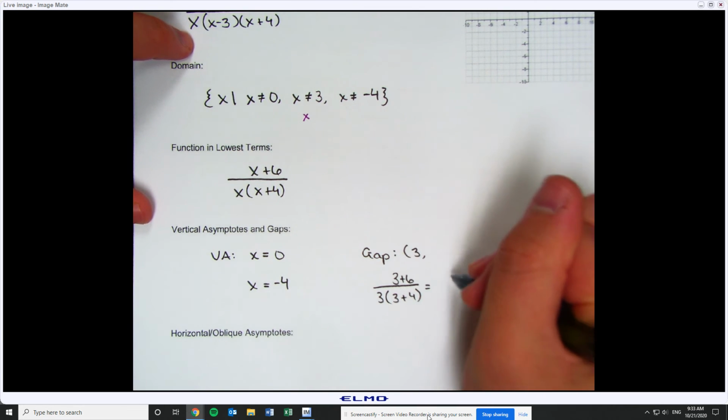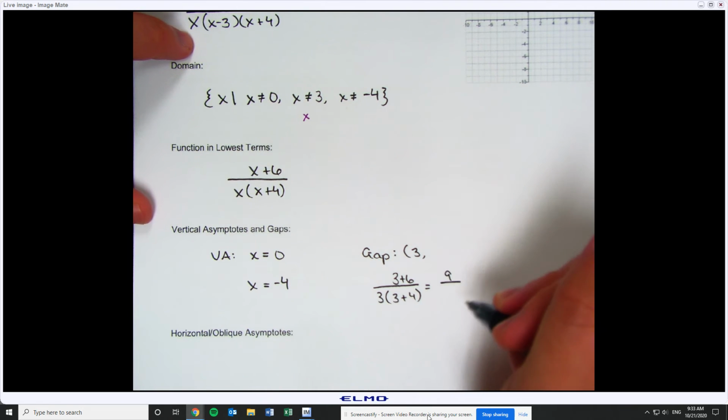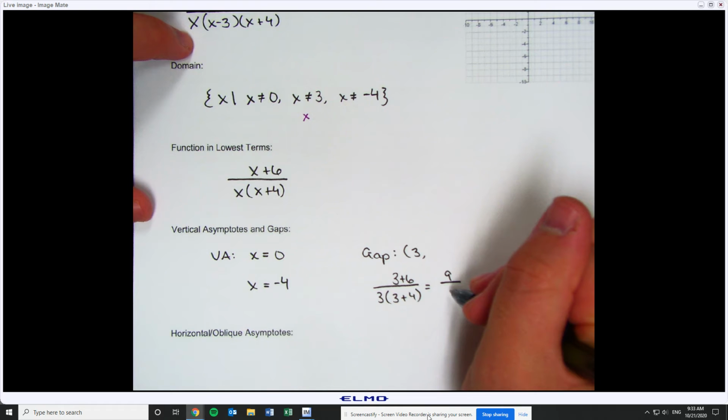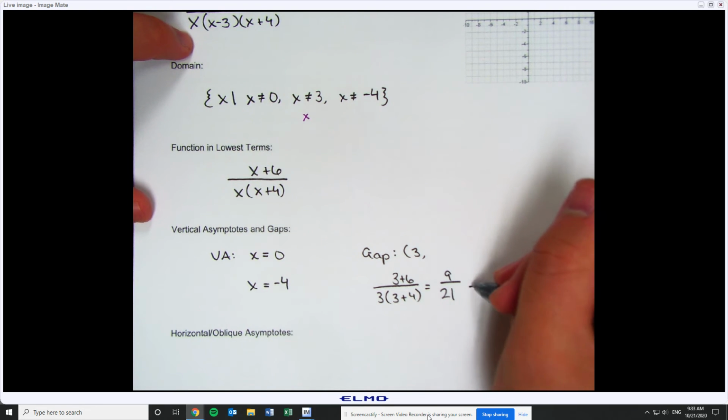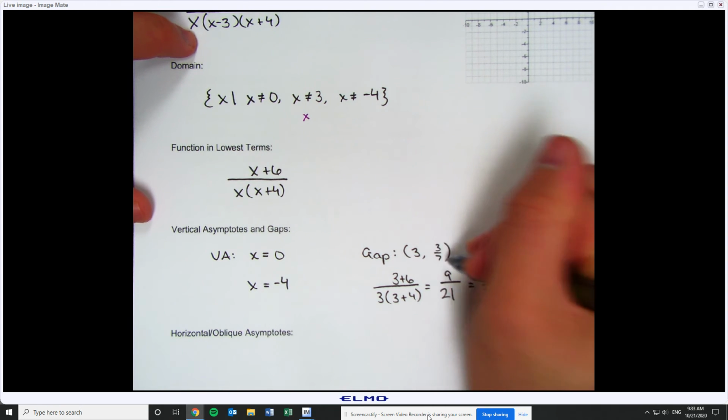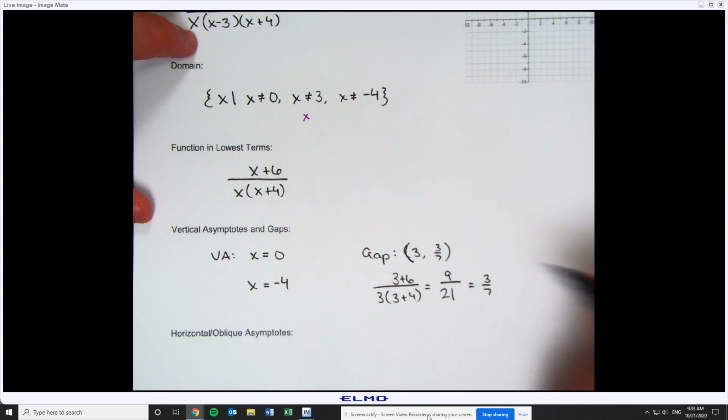Doing this, that's going to give me 9 divided by 7 times 3, which is 21. Both of those can be reduced to 3 over 7. Got it. Gap finished.